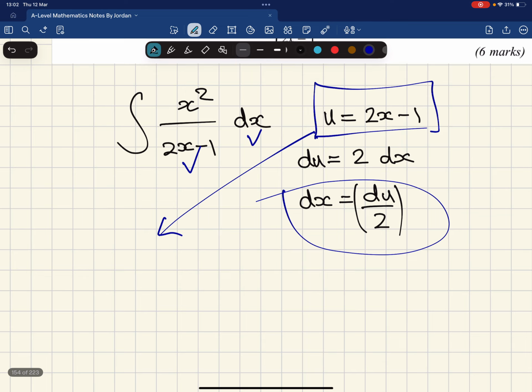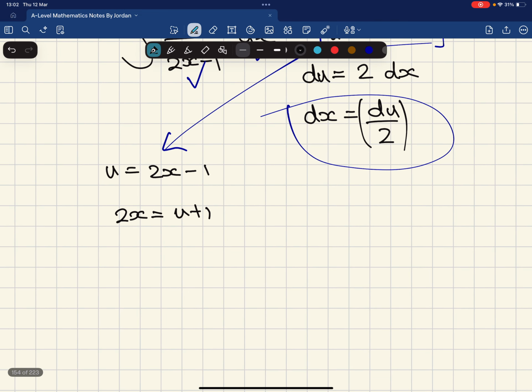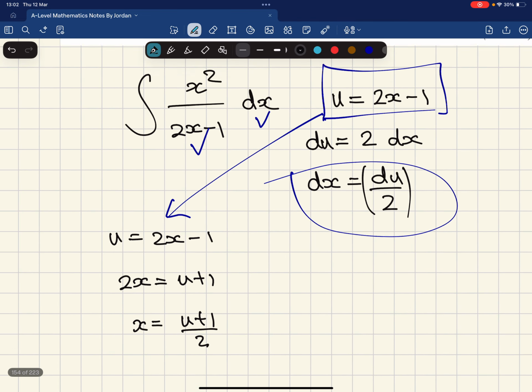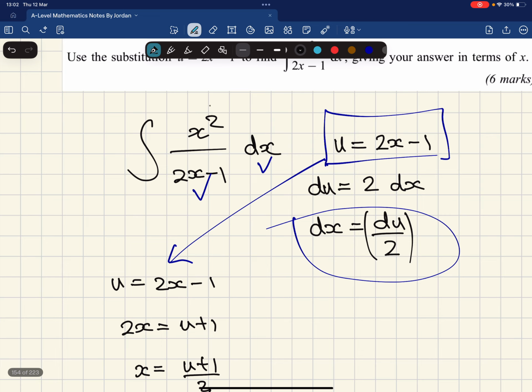So if u is 2x minus 1, that means that 2x is u plus 1. And then x within itself, dividing both sides by 2, would be u plus 1 over 2. And then I need x squared, remember.